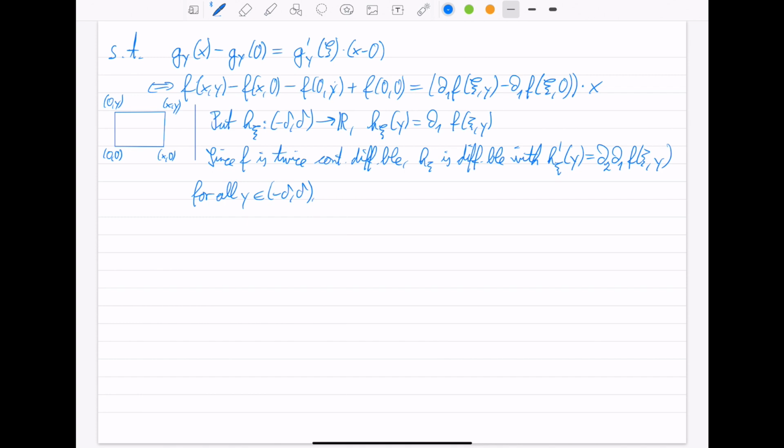So this really gives us this first combination of partial derivatives, d2 d1. And we now really want to apply the mean value theorem.